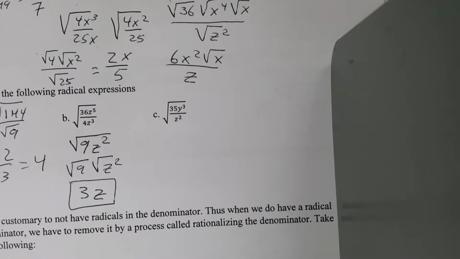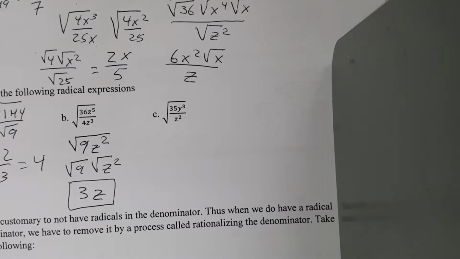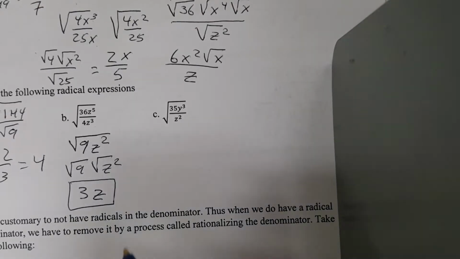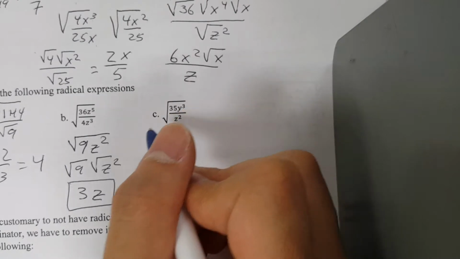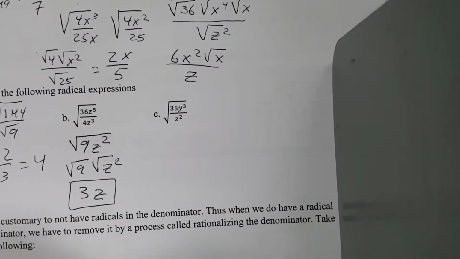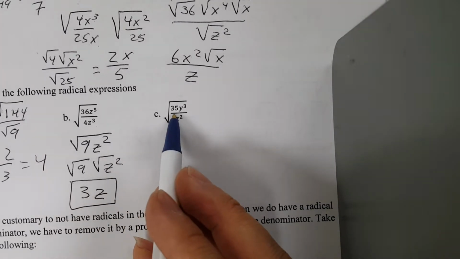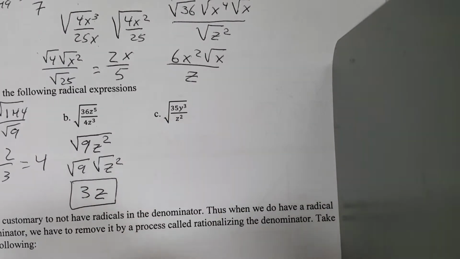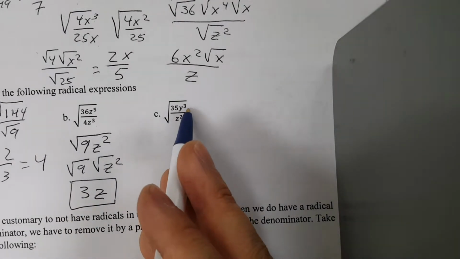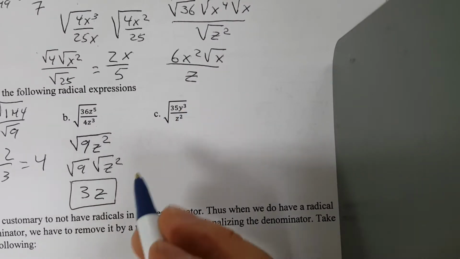Then the next one, I have radical of 35y to the 3rd over z squared. Now, 35 is 5 times 7, so I can't really do anything with the square root of 35. It's actually just going to stay there. But I can simplify y to the 3rd and z squared.